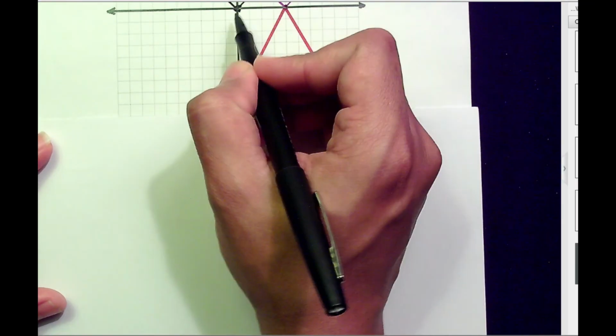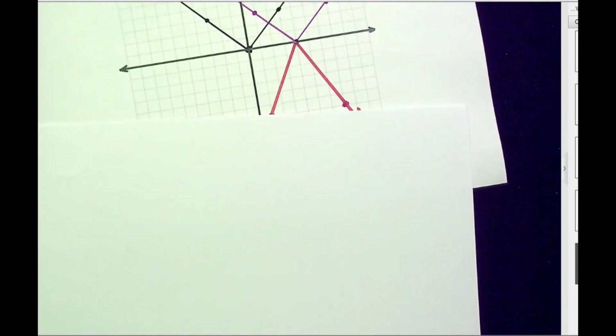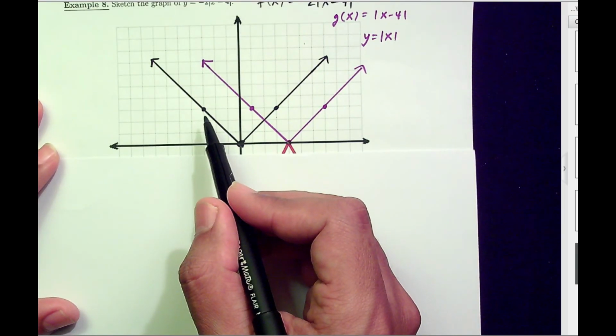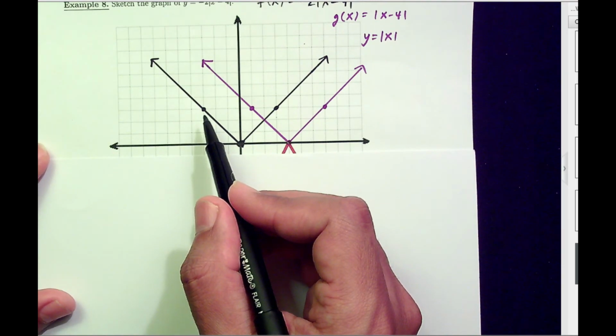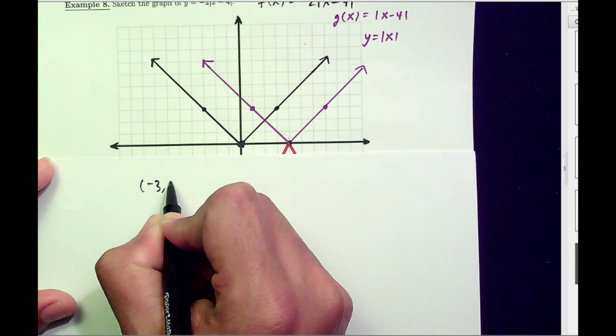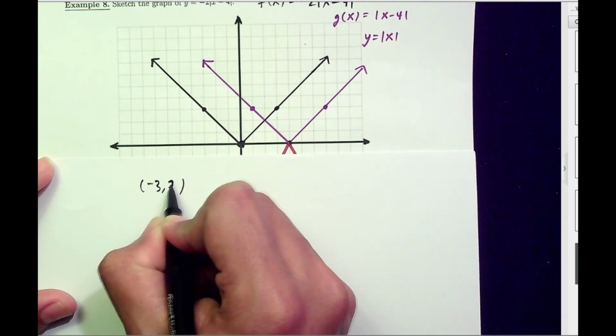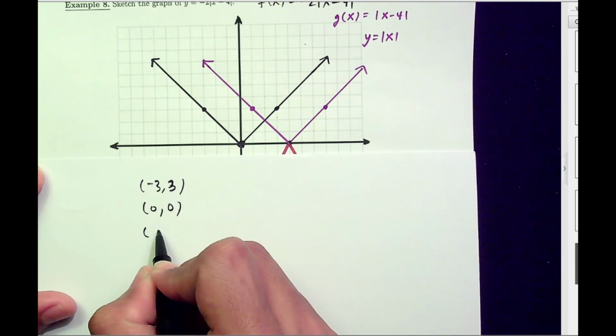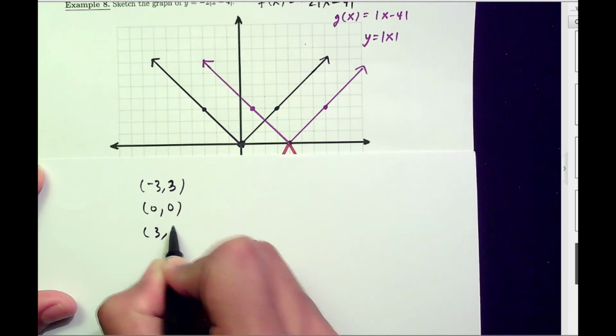So the original 3 points that I chose are (-3, 3), (0, 0), and (3, 3).